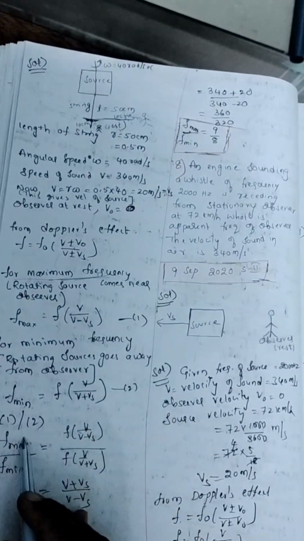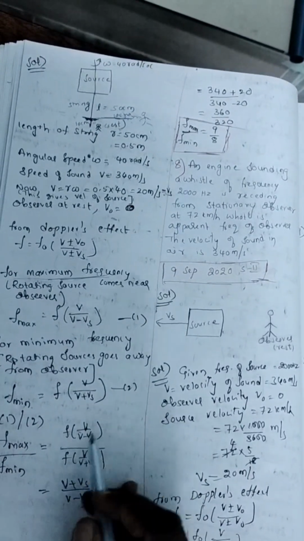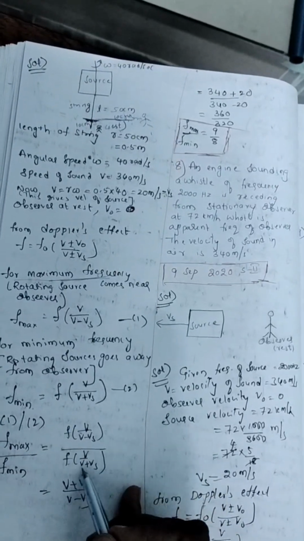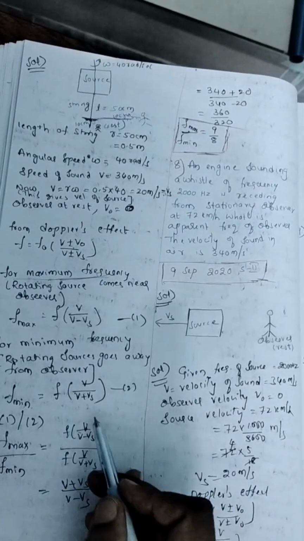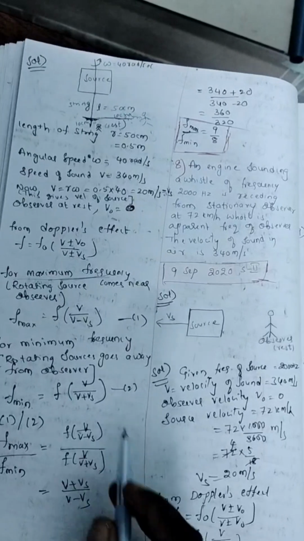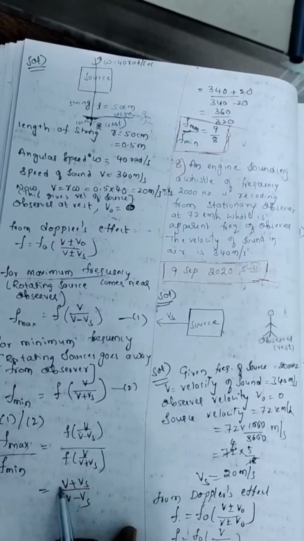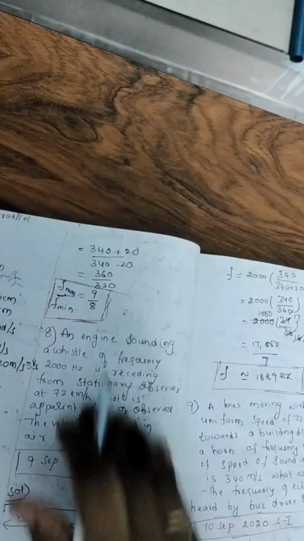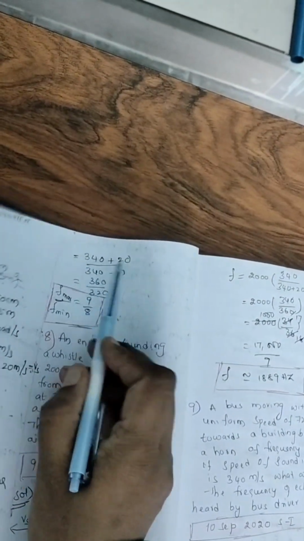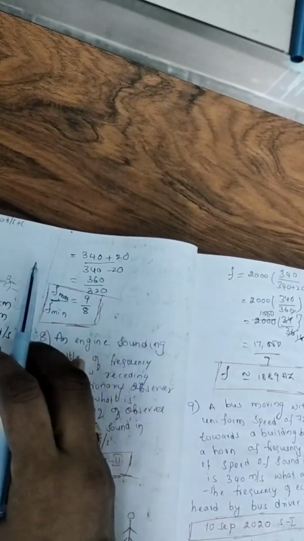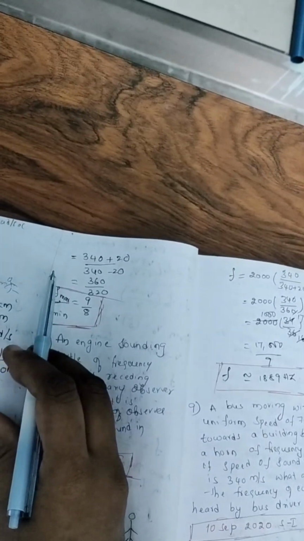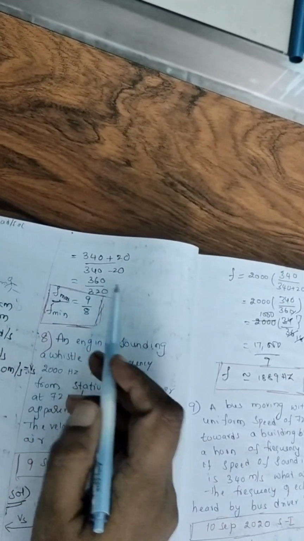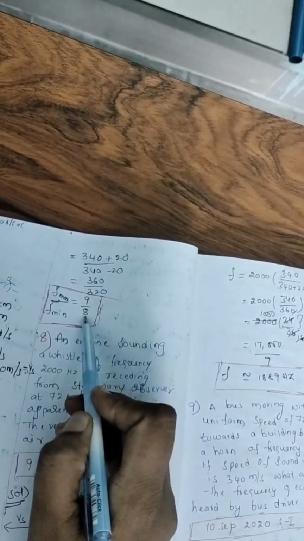So now F maximum by F minimum is F of V by V minus Vs, divided by F of V by V plus Vs. F cancels, V cancels, you get V plus Vs by V minus Vs. Right? Now substitute the values, 340 plus 20 by 340 minus 20. Everything he gave; Vs we found as 20 meters per second. So you will get the answer as 9.8.